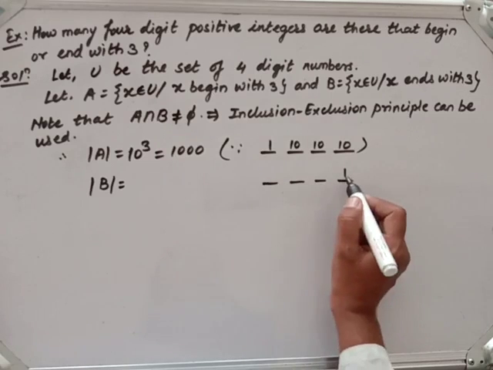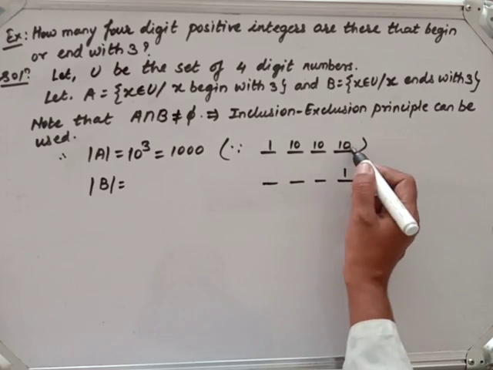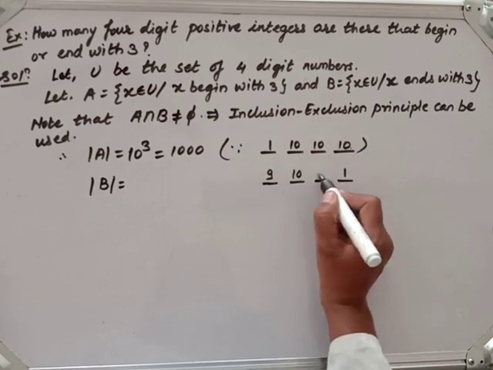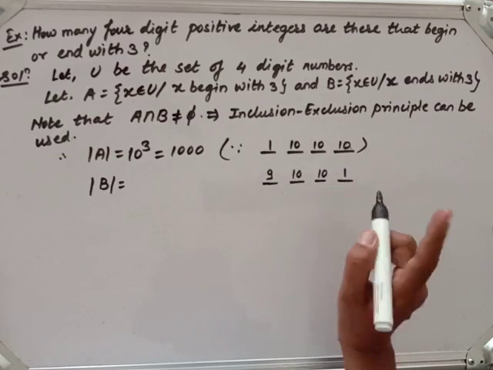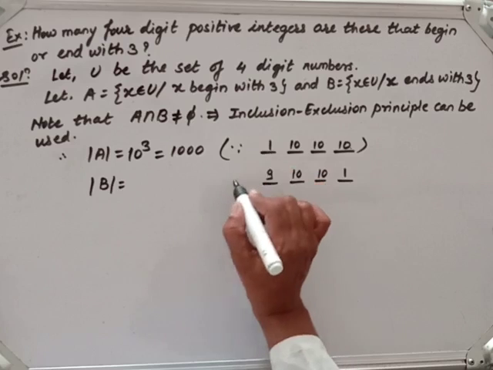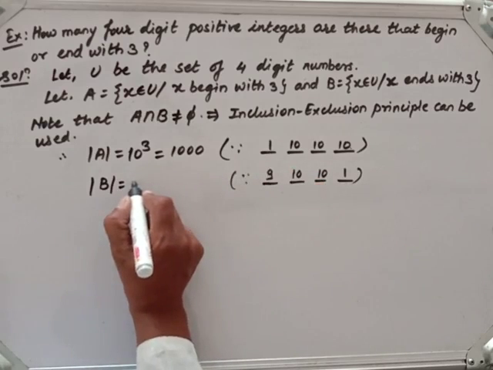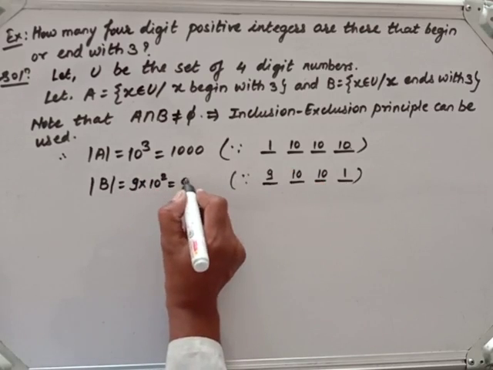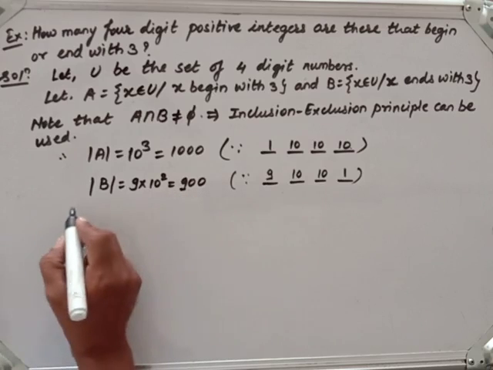It may begin with 3 also, similar thing here. So here how many choices? 9 choices. Here 10 and here also 10 choices. But the last one has only one choice. So it is 9 into 10 square, so it is 900.